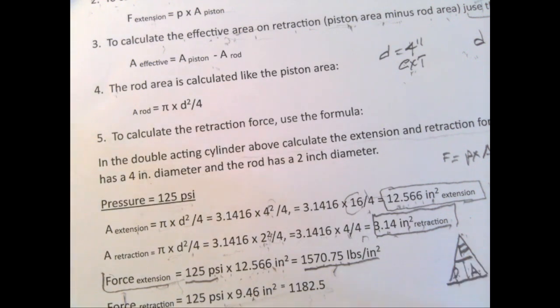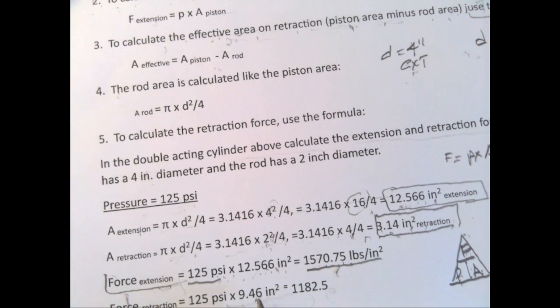I'm going to take 12.566 and subtract from that 3.14. That's not hard. It gives me 9.4. Well, I said 46, but it's really 426. That should not be, but I'm going to leave it there since it's calculated.